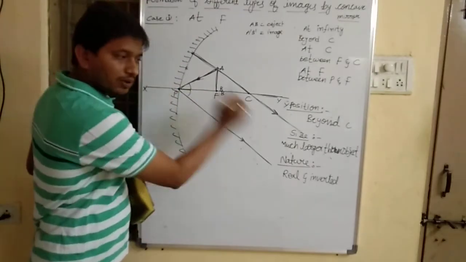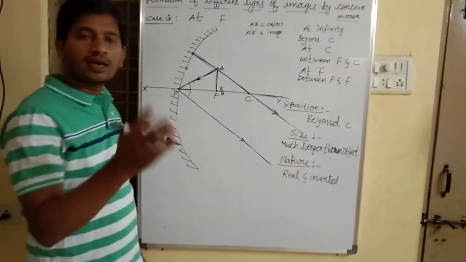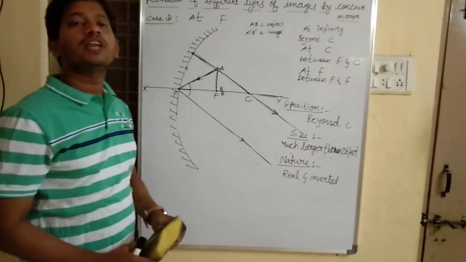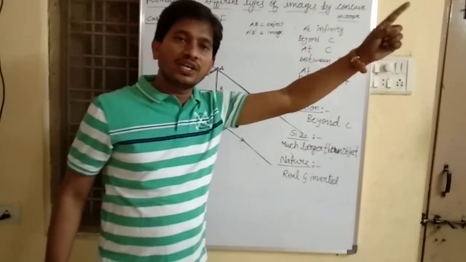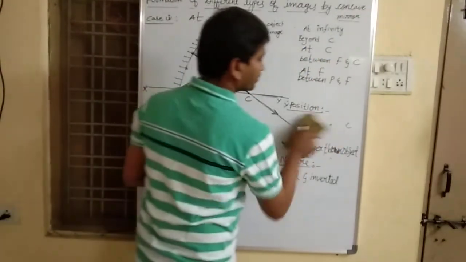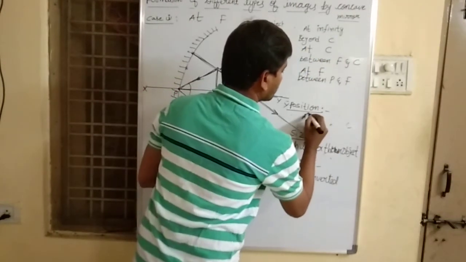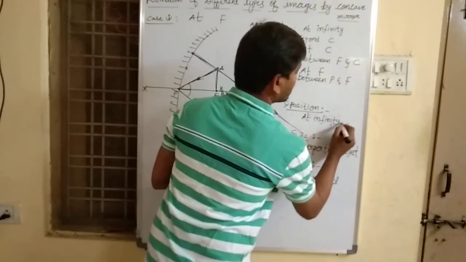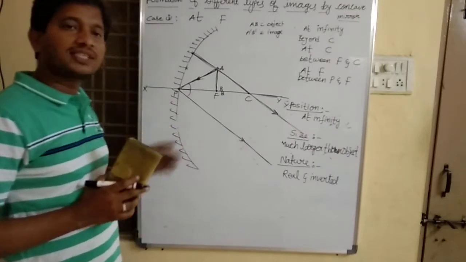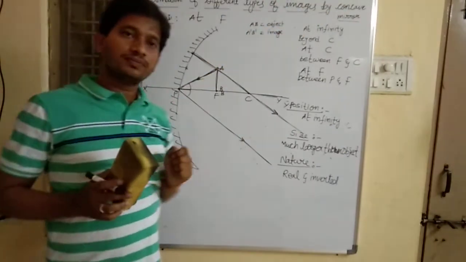The second reflected ray comes along the same path. They are not intersecting. So where do we get the image? We get the image at infinity, because they are not intersecting, somewhere at infinity.